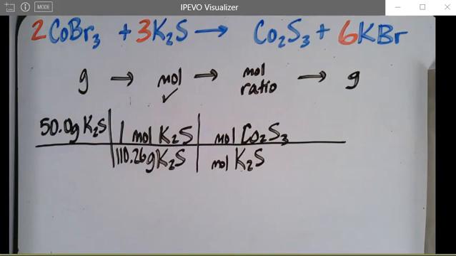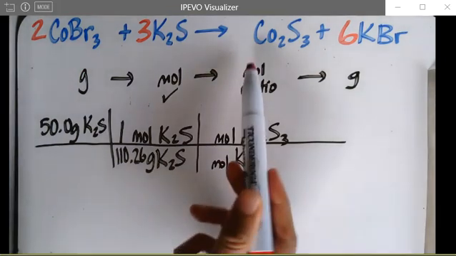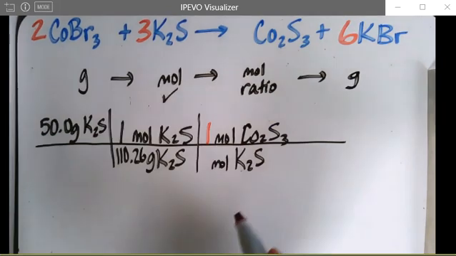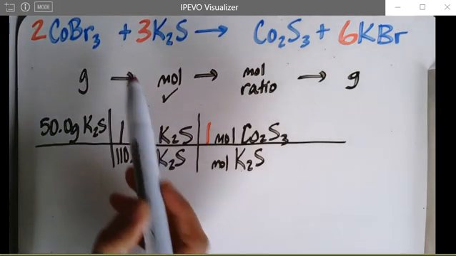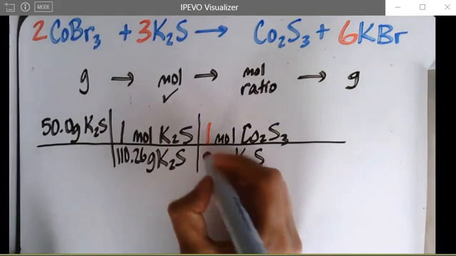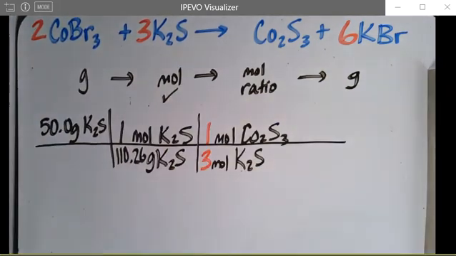Now we're going to use the balanced equation to plug in our coefficients. So for the moles of cobalt-3 sulfide, you'll notice there is no coefficient, so that simply gets a 1. And then down here for moles of potassium sulfide, we have 3 as our coefficient, so that's going to be 3 moles in that spot.